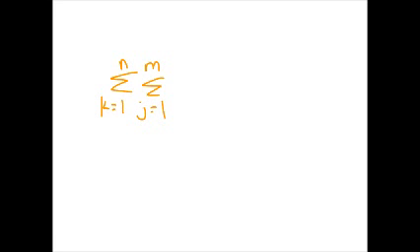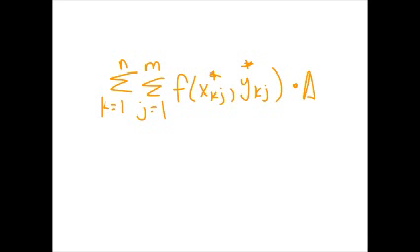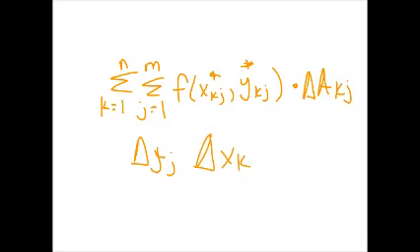And then we have the function f of x_kj star, y_kj star, and then multiplied by delta A_kj, which is gotten from the product of delta y_j and delta x_k shown before.